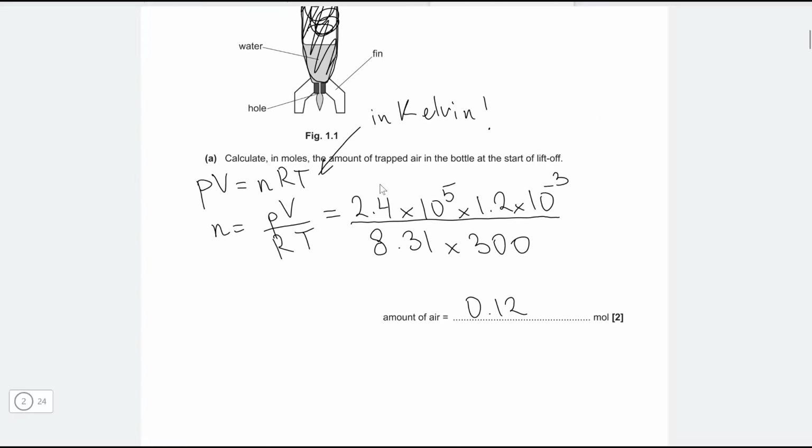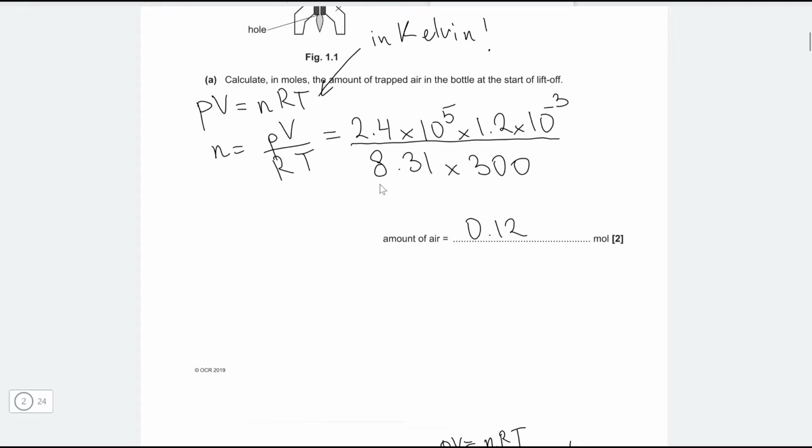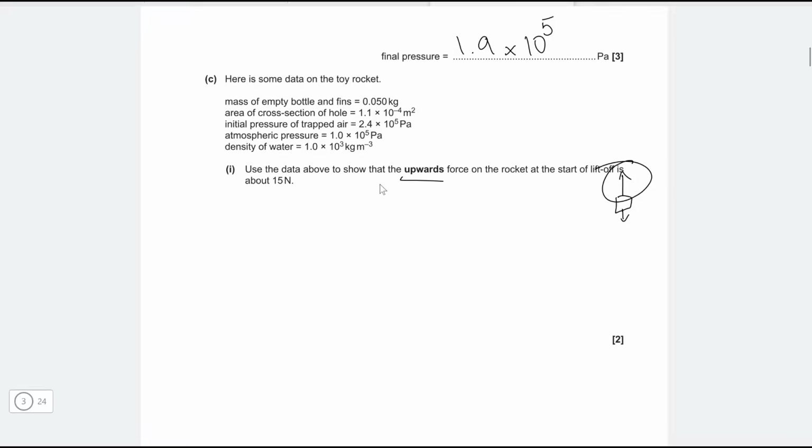When the rocket is essentially going up, it will be caused by differences in pressure. Because our pressure is defined by force over area, the force that's created in this case will actually be caused by the differences in pressure. So let's call that delta P, and that difference in pressure before and after will be responsible for that force.